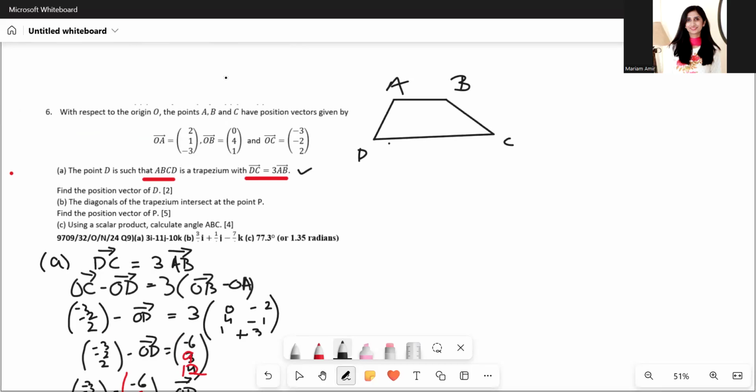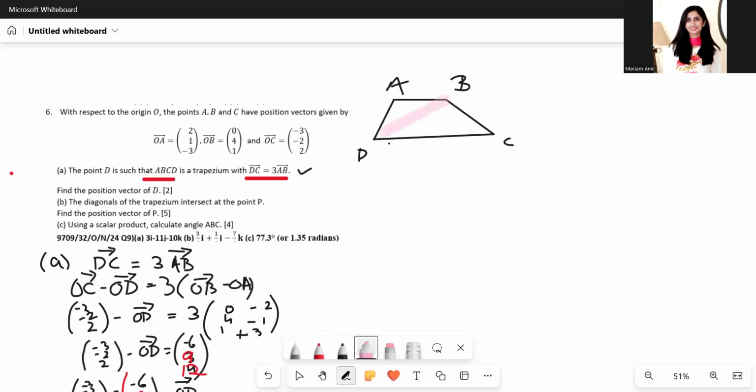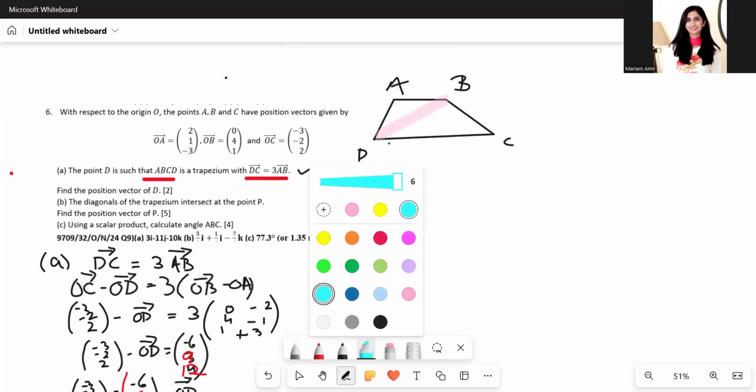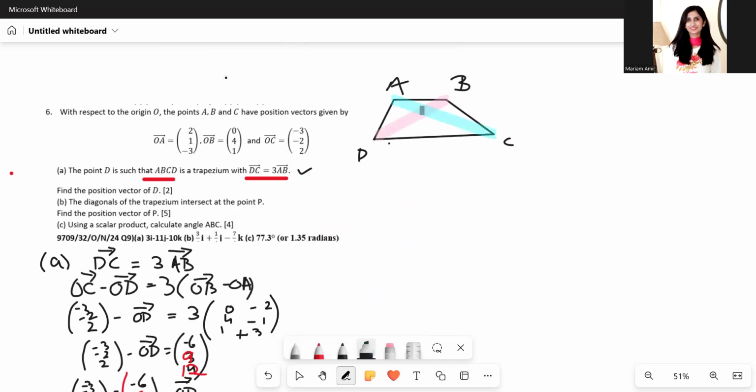Okay, now the diagonals intersect at P. So this is the first diagonal, this is the second diagonal, and they intersect at P. And we need the position vector for P. So first we'll need to form a vector line for AC, then a vector line for BD, and then solve them simultaneously to find the point of intersection.